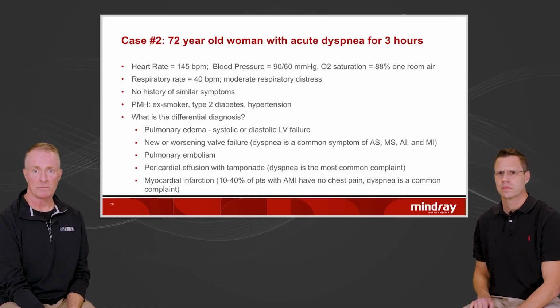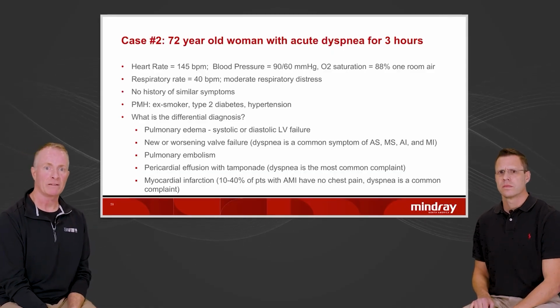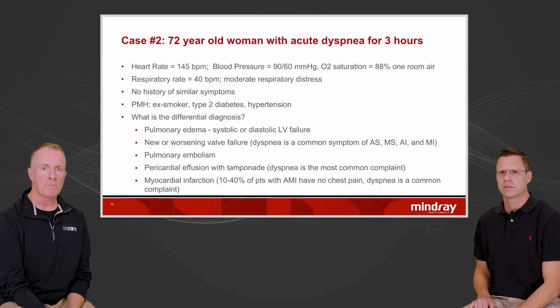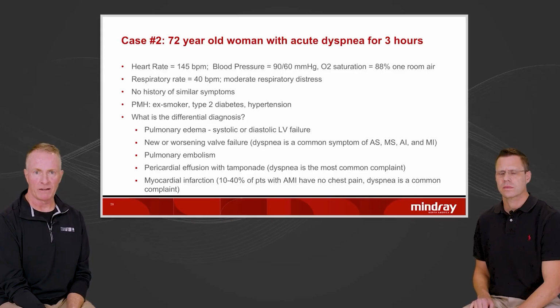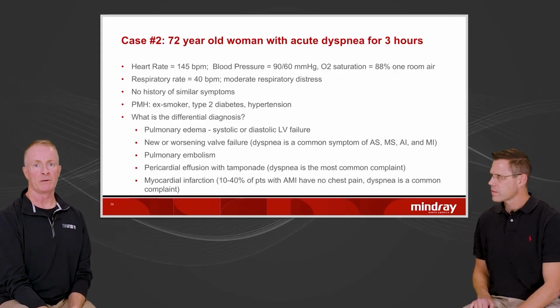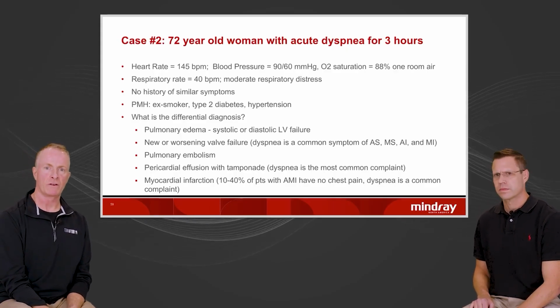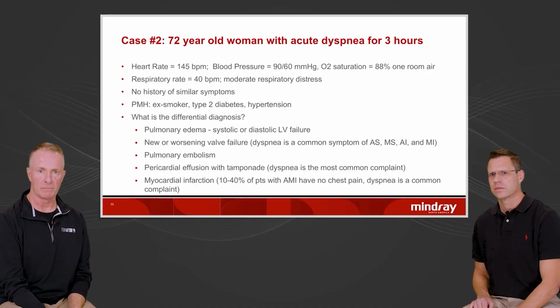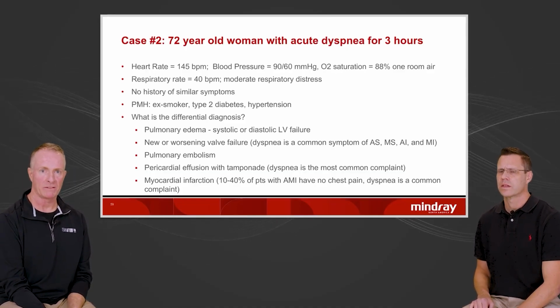Pericardial effusion, dyspnea is actually the most common complaint with effusion and tamponade, impending tamponade. And of course, myocardial infarction is always on the table because a pretty good percentage of people with acute myocardial infarctions don't have chest pain, and dyspnea then is the most common secondary complaint. So you have to think about all these things.